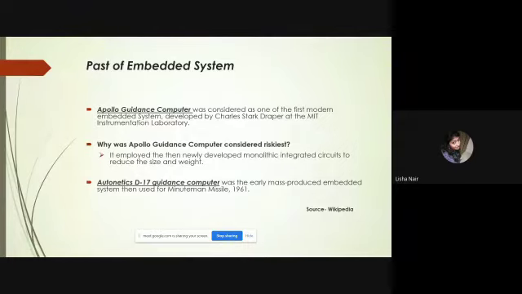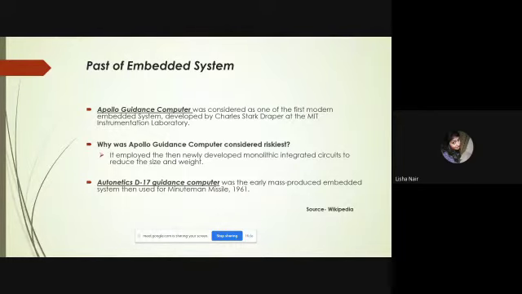Because it's an integrated circuit, if any failure happens on any of the circuits, it's very critical that the entire system crashes. So when he brought up the system itself, he said that he considered this the riskiest.